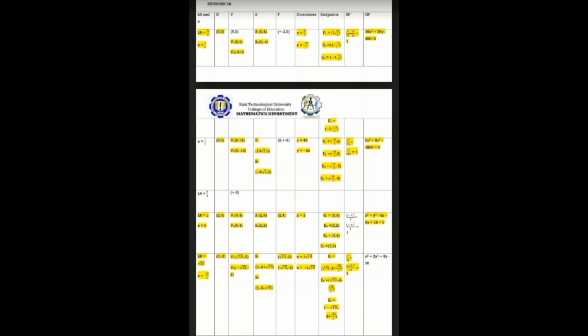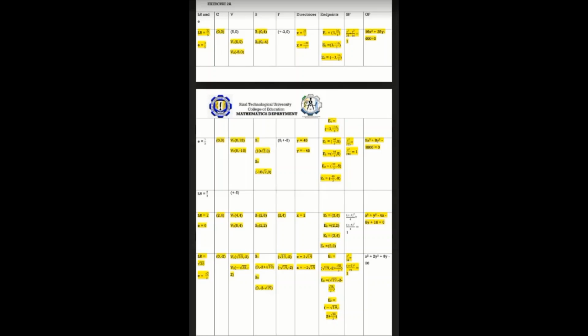Next is V sub 1 is 5 and 0 and V sub 2 is negative 5 and 0. For letter P, the B sub 1 is 0 and 4 and the B sub 2 is 0 and negative 4. For directrices, x is equal to 25 over 3 and also x is equal to negative 25 over 3.